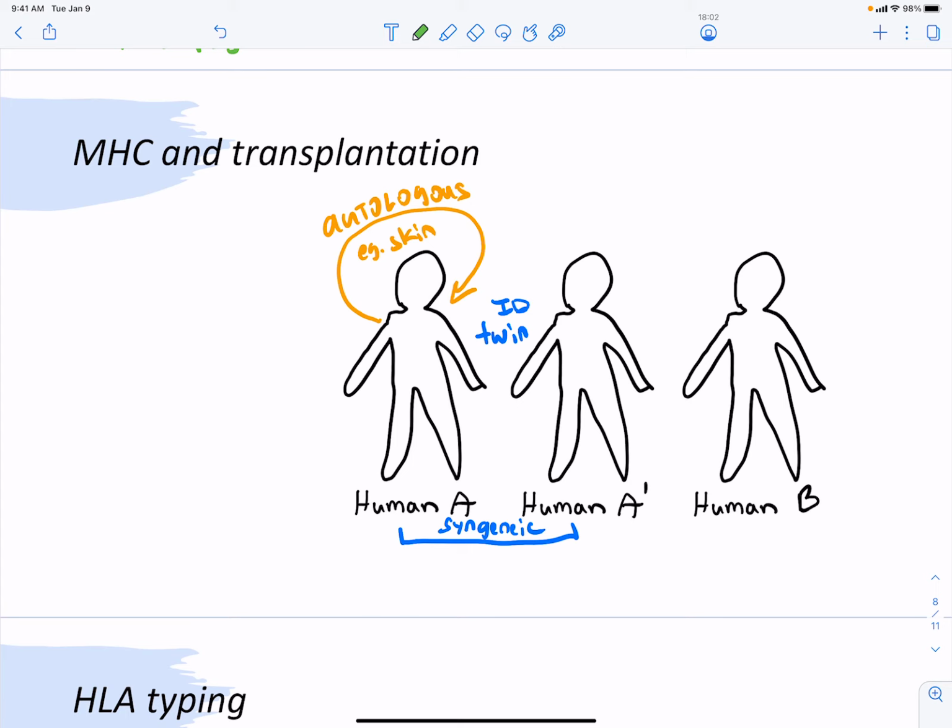If you're going to get a graft from a non-twin, even if it is a sibling, this is allogeneic. And a sibling or general population is the same in transplant immunology and transplant rejection.